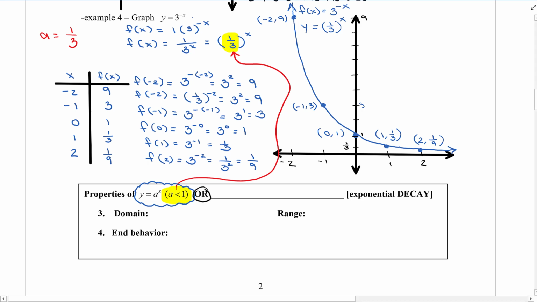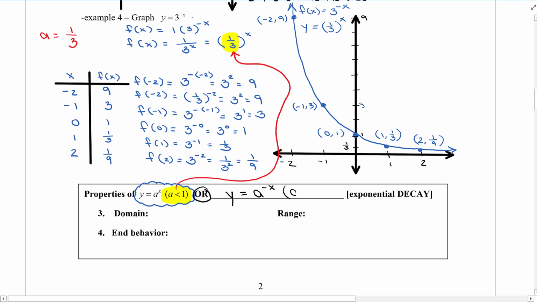So here our a was equal to 1/3, which is less than 1. Or another way that we could write the same problem, we could also write it as y equal to a raised to the negative x power, where a is greater than 1. So it means the same thing.